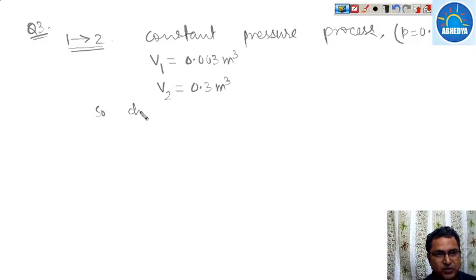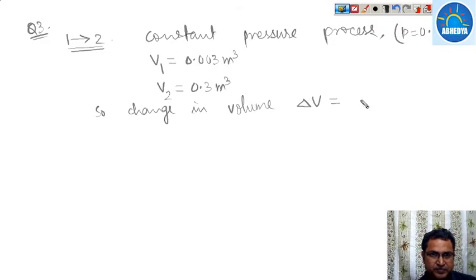So change in volume, delta V, we just write it as 0.3 minus 0.003, which comes out to be 0.297 meter cube.